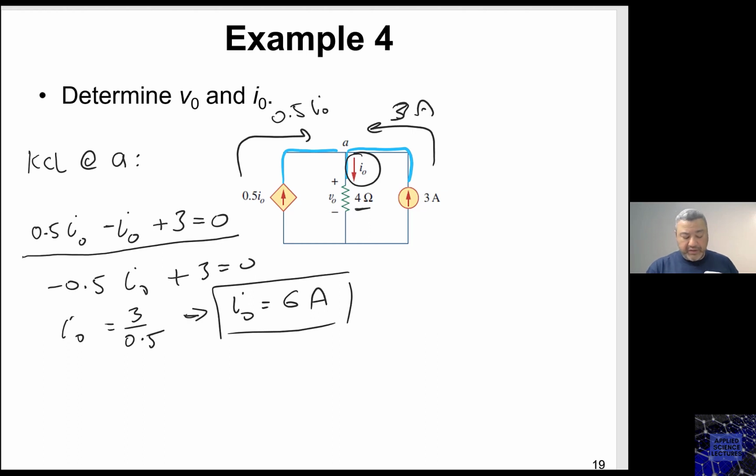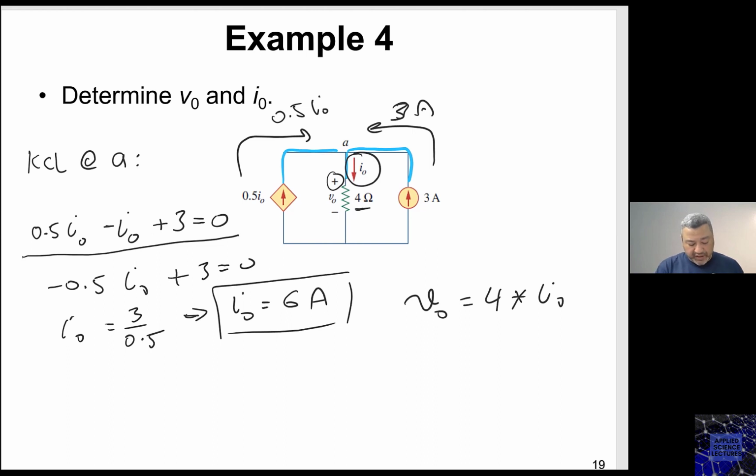Then you can find V naught using Ohm's law. So I have V naught equals 4 times I naught. And as you can see here, the current is entering the positive terminal. Very important to keep in mind: for resistors, the current is always entering the positive terminal.